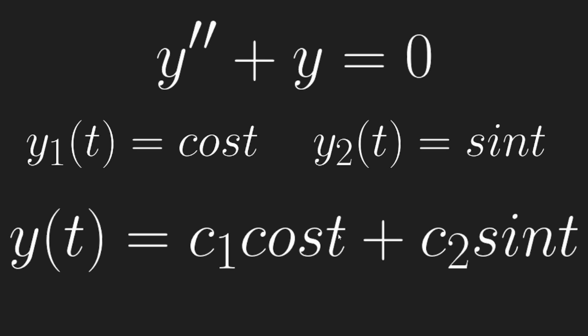Here's the thing. If I'm proceeding with 0, like just say in an alternate universe, instead of making my y1 of t cosine of t, it's just 0, because 0 is an independent solution, right? So this is 0 right here, plus c2 sine of t. What constant can I multiply 0 by, plus another constant that I can multiply sine of t by, to get cosine of t?